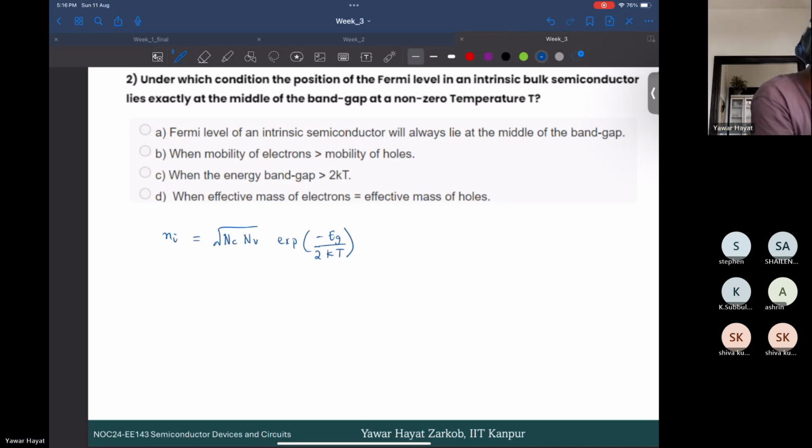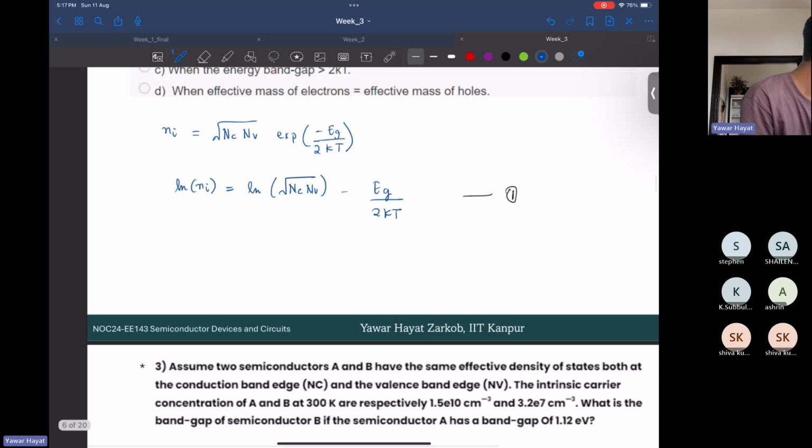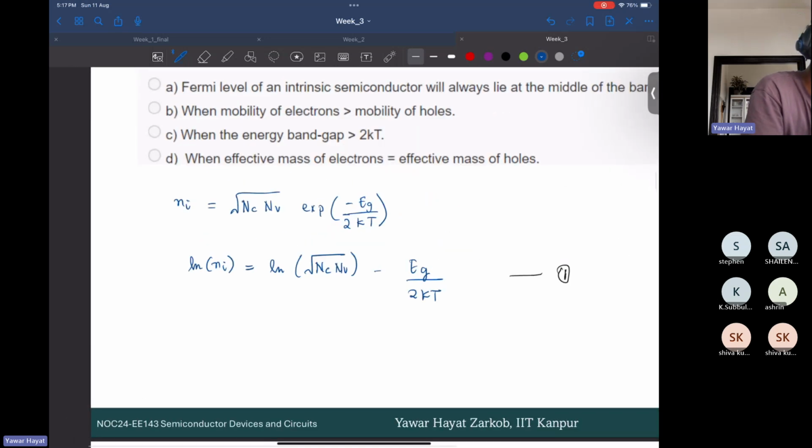If we take ln on both sides, we get ln of Ni equal to ln of the square root of NC NV, minus Eg over 2kT. Fine. Let's denote this as our equation 1. Then for an intrinsic semiconductor, we have the following, right? I will use a different page now.